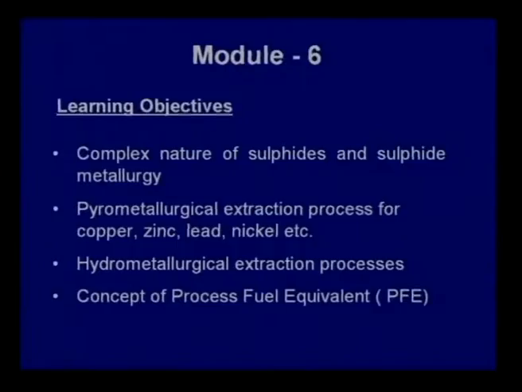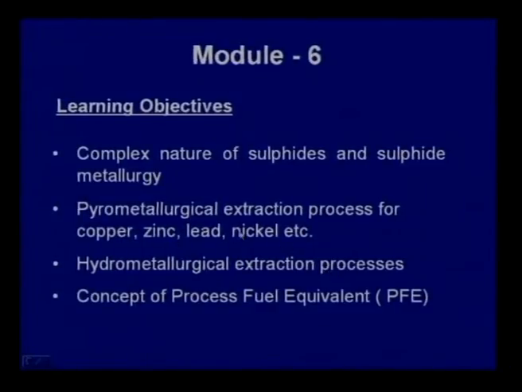In this module 6, our learning objectives will be the following: complex nature of sulphides and sulphide metallurgy. Then we will take pyrometallurgical extraction processes for copper, zinc and lead. These are three very common metals, often called base metals.